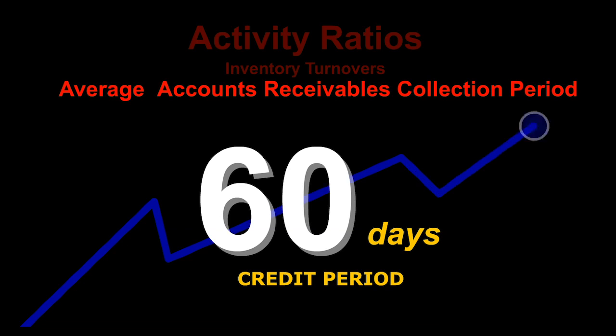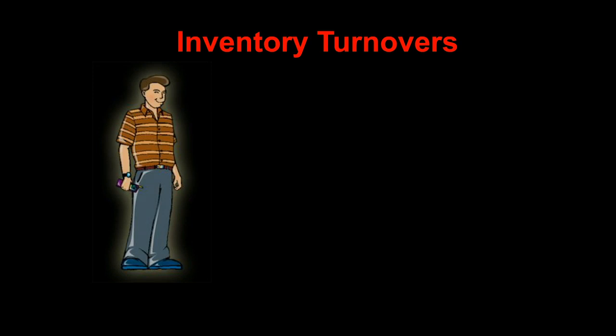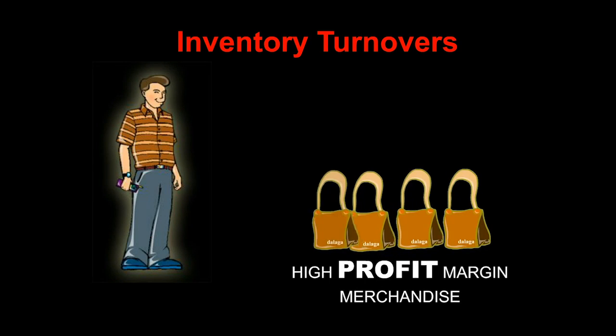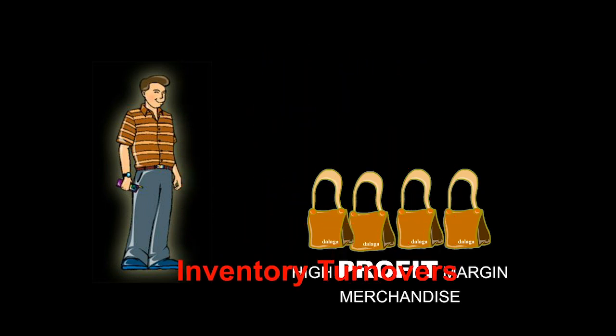increasing sales substantially. Similarly, the fund manager may wish to add inventories of merchandise that have high profit margins but slower turnovers. Doing so would bring the average inventory turnover down.